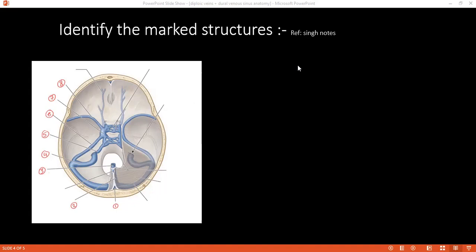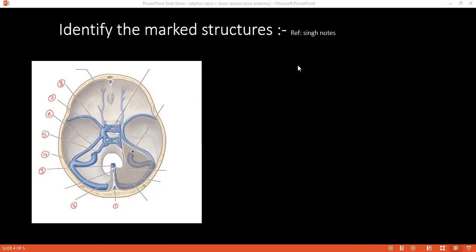How the cerebrospinal fluid is formed and transported? Cerebrospinal fluid is formed and is connected to the ventricular system, and it also passes over the outer surface of the brain and spinal cord.